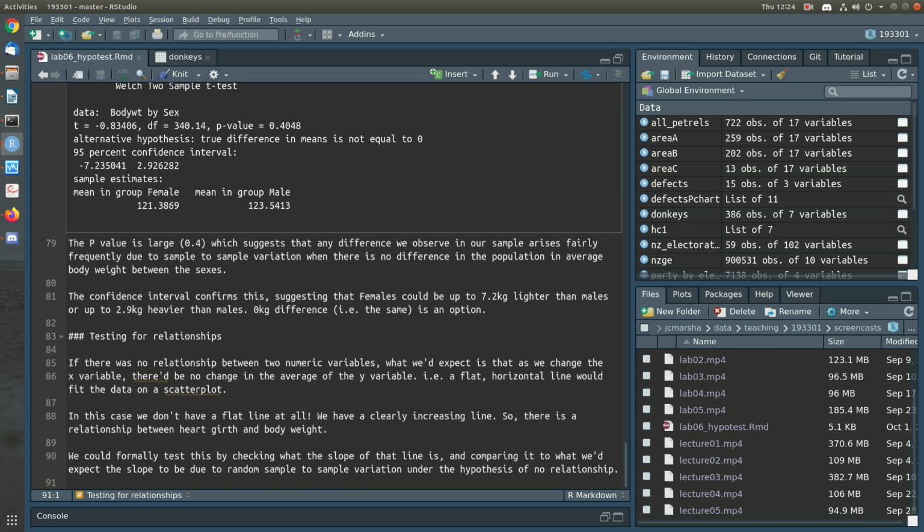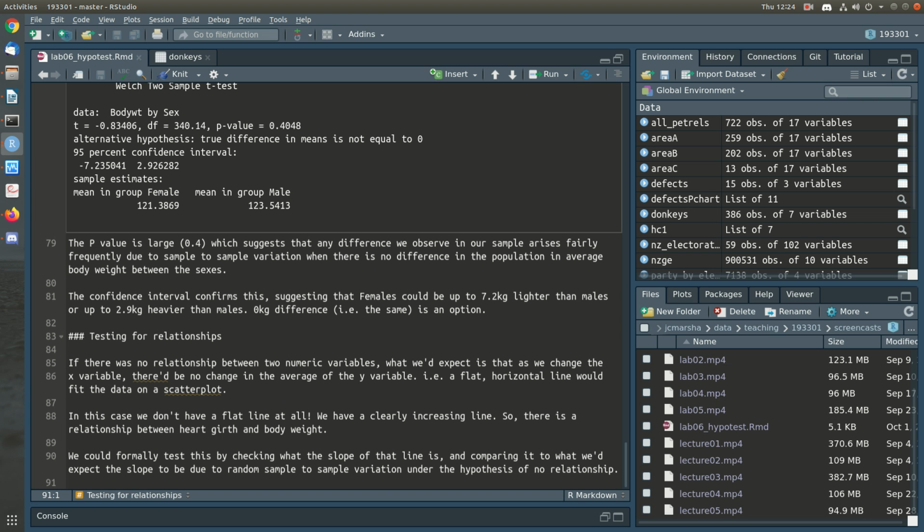Right, so what we'd expect if there was no relationship is the slope should be 0, but just due to chance it might be slightly positive or slightly negative, right? It might be going up a little bit or going down a bit. It'll jump around a bit from sample to sample, but that's what we'd expect. We'd expect it to be relatively flat.